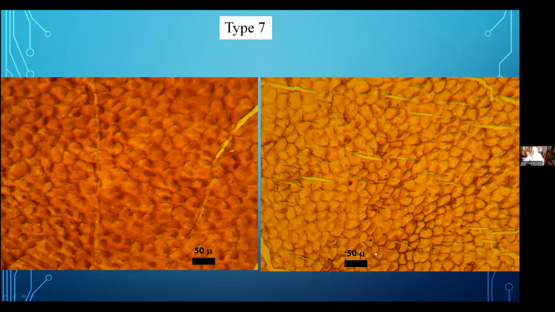And at last, the seventh epidermal type. It is represented by cuticles where stomata are not present at all. Any stomata are absent. The epidermal structure is also isodiametric, and cells are more or less isometric and arranged randomly.